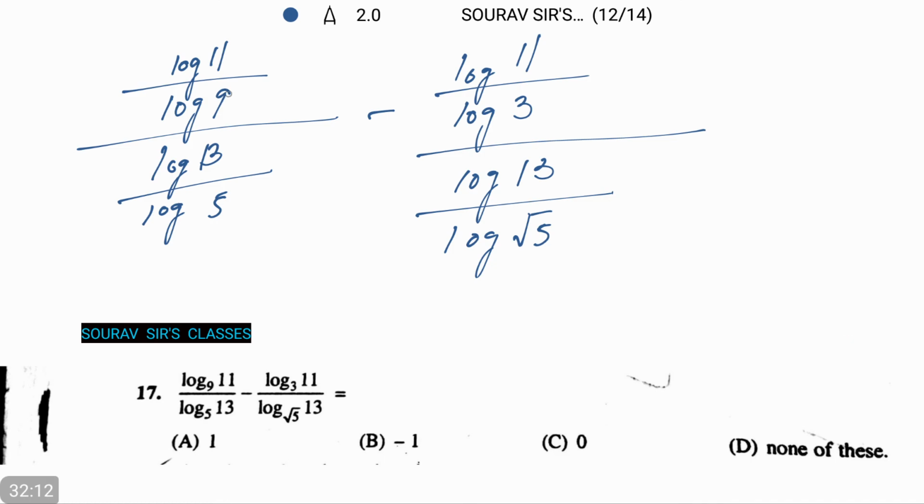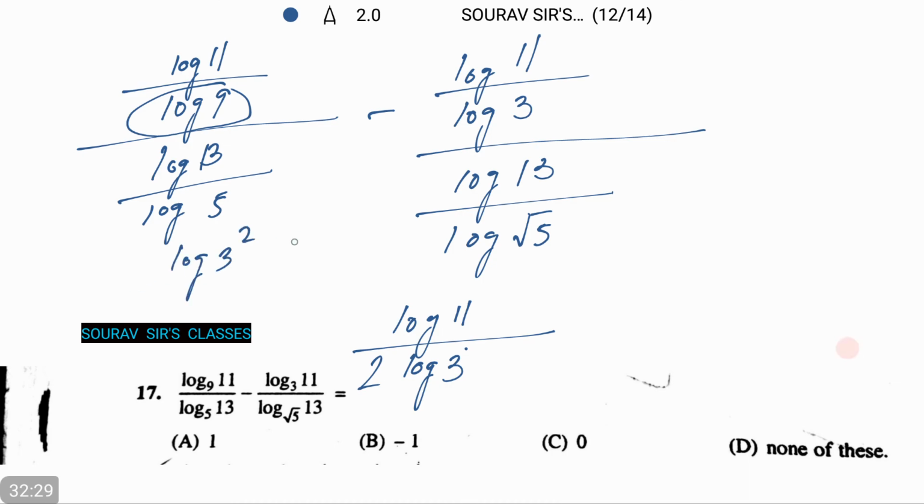We can write log 9 as log 3 squared, which equals 2 log 3, right?